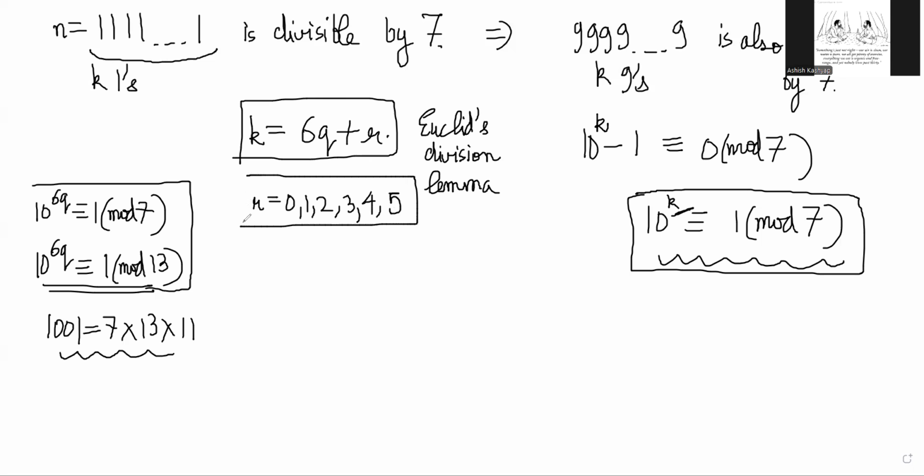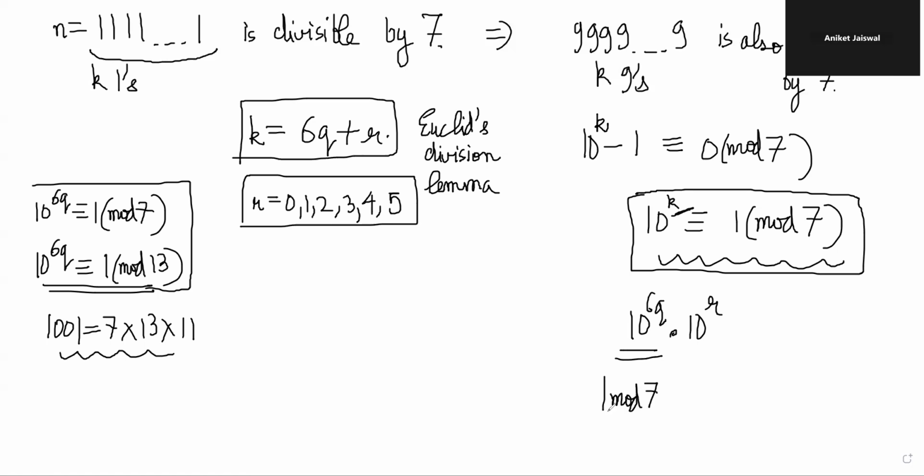So we are writing k as 6q plus r, and then we can say that 10 power k is 10 power 6q times 10 power r, right? But when we think of this mod 7, the 10 power 6q part is 1 mod 7, because now we are using this fact. Do you understand what I'm saying right now?